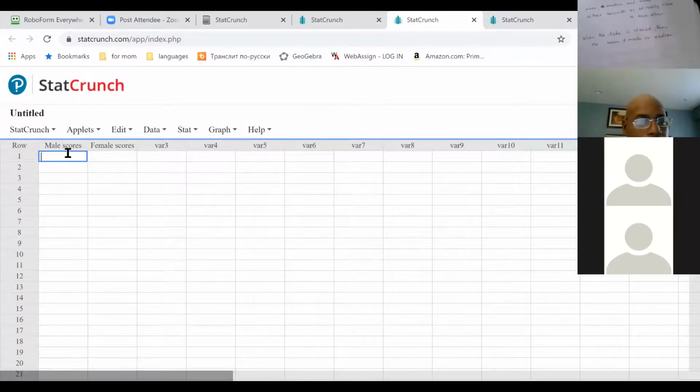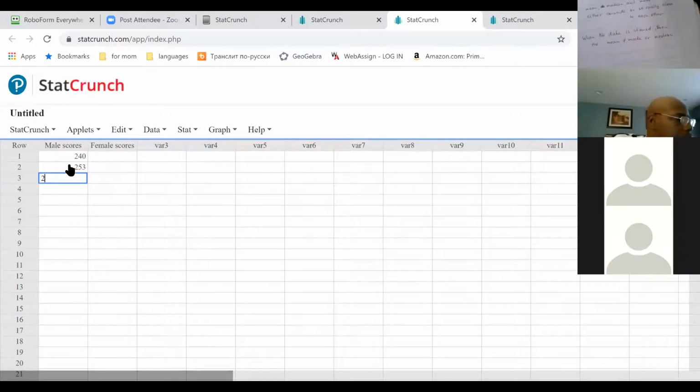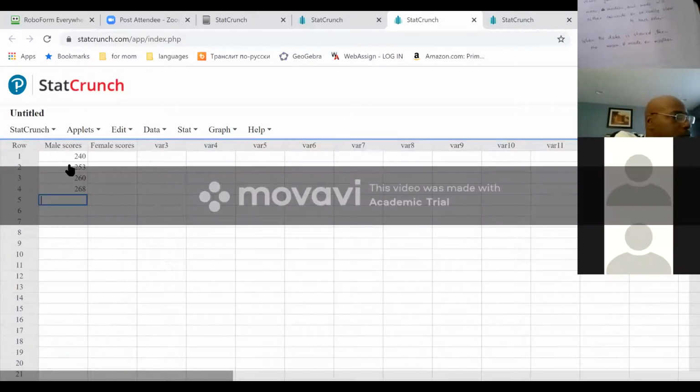For the males, the first one is 240, and the next one is 253, 260, 268, 78.